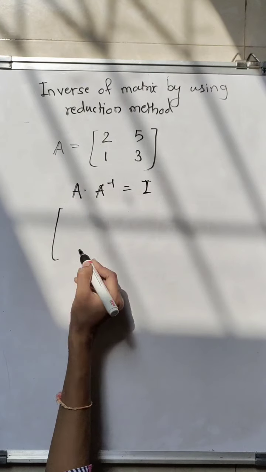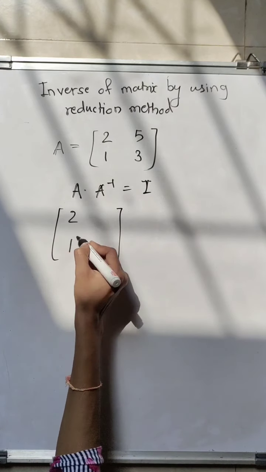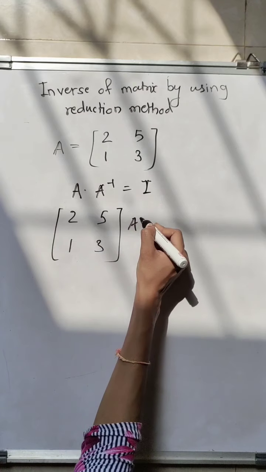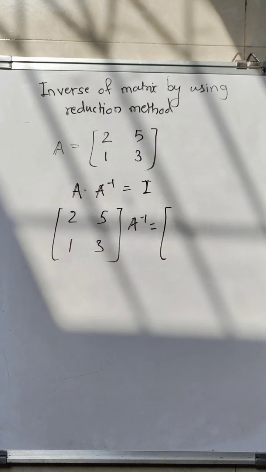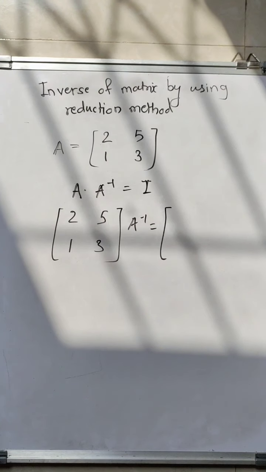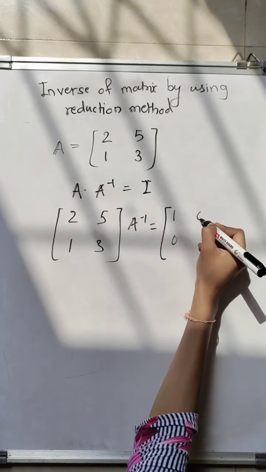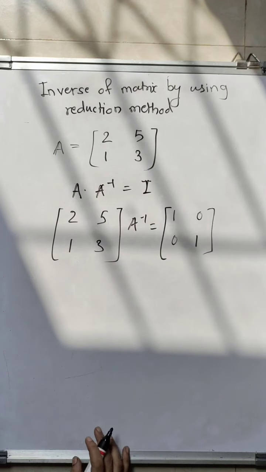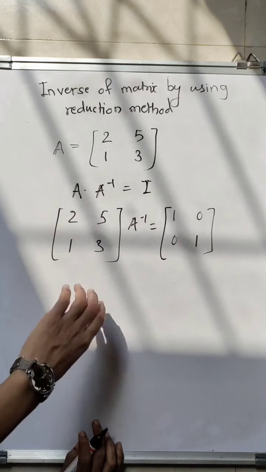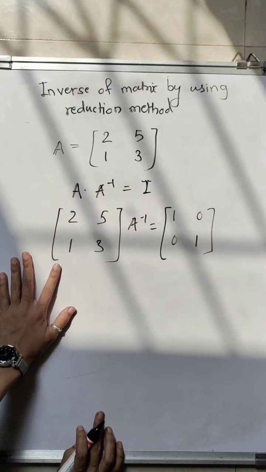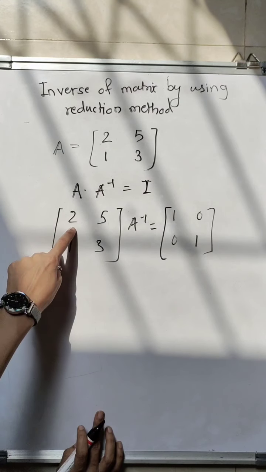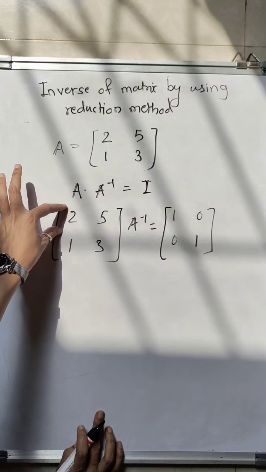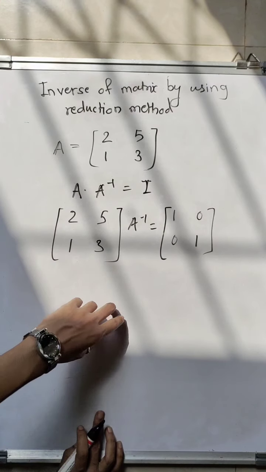Here the value of A is 2 1, 5 3, then A inverse as it is, then I is the identity matrix of order 2, that is 1 0, 0 1. Now we have to convert this matrix A into the identity matrix. For this, we have to convert the entry in the first row, first column, that is 2, into 1.